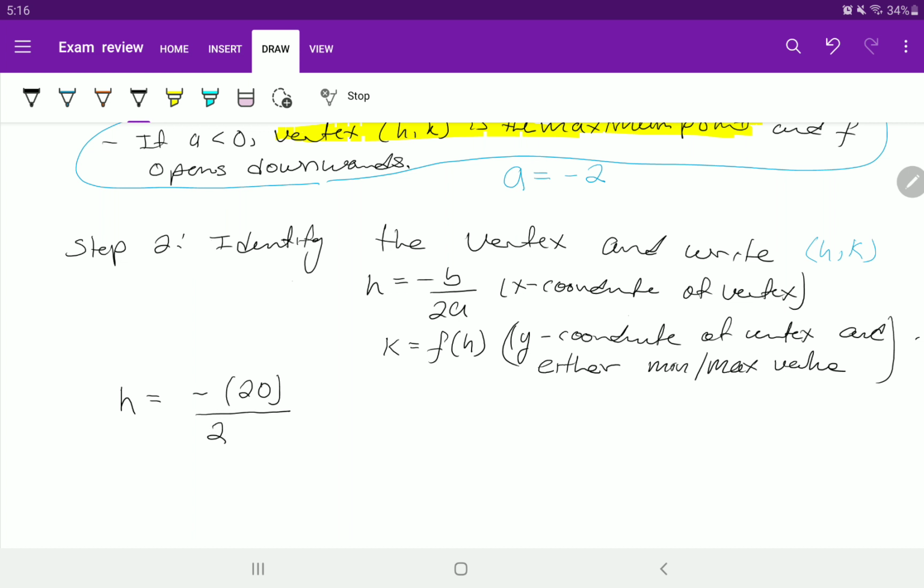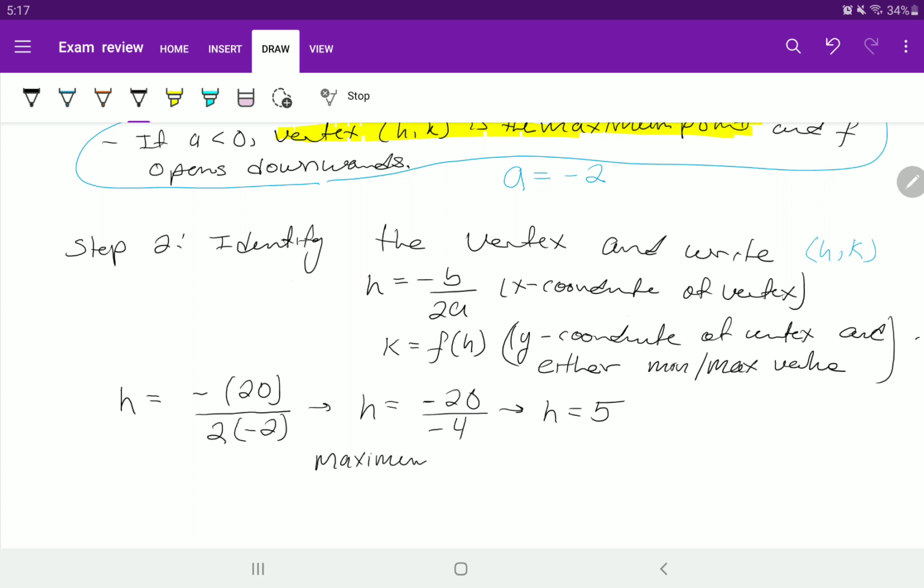So 2 times a, in this case, is negative 2. So h equals negative 20 divided by negative 4. 2 times negative 2 is negative 4. Negative 20 divided by negative 4 is positive 5. H equals 5. And remember, h is the x-coordinate of the vertex, so we can say that the maximum value will occur at x equals 5.